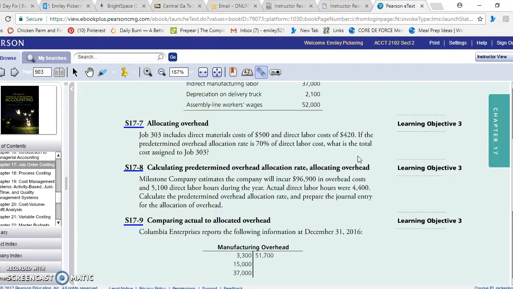Keep in mind that this is just an estimate that a company will make at the beginning of the year. They make their predetermined overhead rate at the beginning of the year and allocate it based on, in this case, direct labor hours. Then you get your actual indirect expenses in, your actual indirect labor and your actual indirect materials, and you compare that to what you had allocated at the beginning.